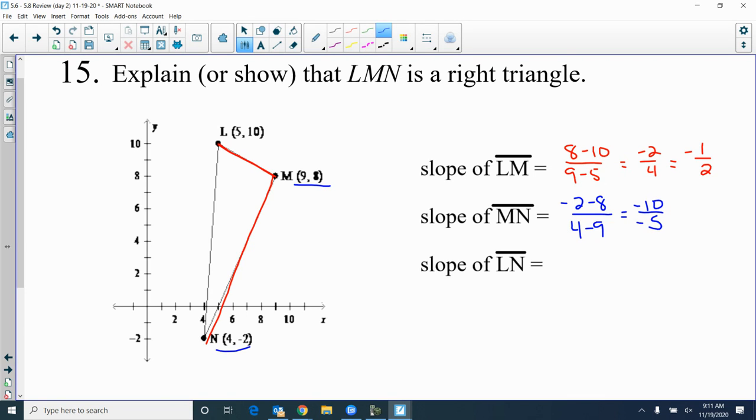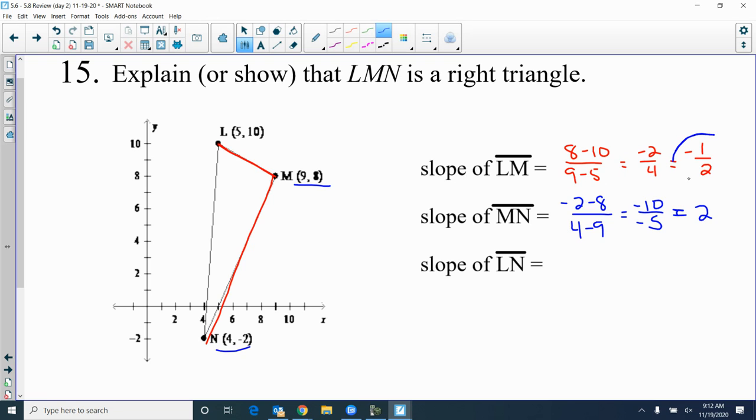Negative 5. What's negative 10 divided by negative 5? It's 2. It is positive 2. Well, because you were anticipating what it would be and you weren't just looking at it.